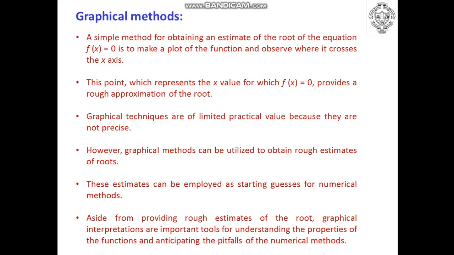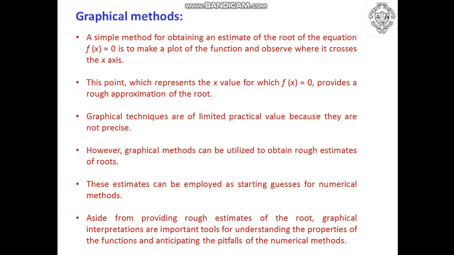So before going to study the open and bracketing methods, let us consider a graphical method. A simple method for obtaining an estimate of the root of the equation f(x) = 0 is to make a plot of the function and observe where it crosses the x-axis.